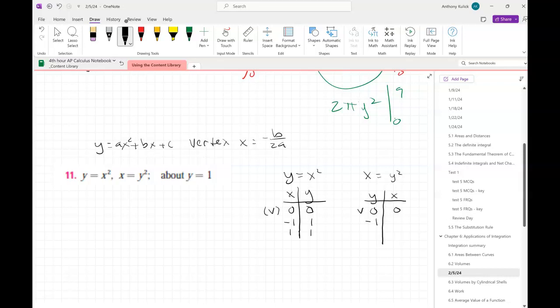Wait. Oh, it's one side. Oh, that's cool. Wait, so it's the same thing. No, it's not. One of them is on the y-axis. Sorry, guys.